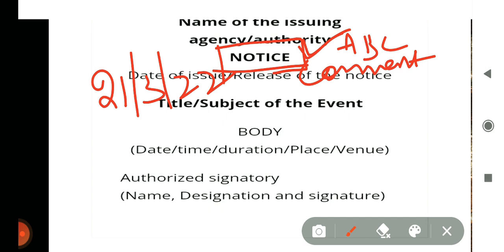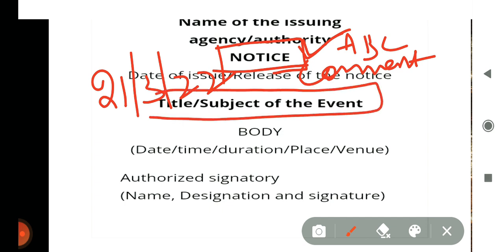You want the other fellow members, or the other students, to read that notice and come to the class teacher, or to the class, wherever they want to come, and they will inform that authority. Okay, then the title or subject of the event should be mentioned. After that, the body should be written.